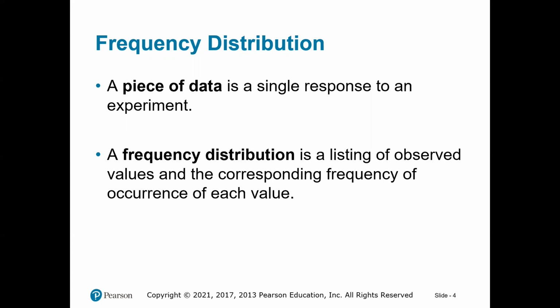It's just like when you count, and you will see this very easily in the examples. For each piece of data you collect, you count how many times that piece of data occurs in your distribution. How many times it occurs is what we call the frequency of that piece of data.